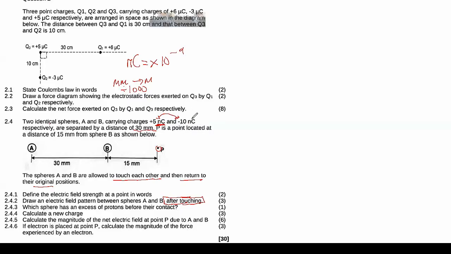Based on the fact that the -10 here is the bigger number, we know that if we do our Q new, for 2.4.2, then this would be positive 5 plus -10, and then divided by 2, which will give us -2.5.